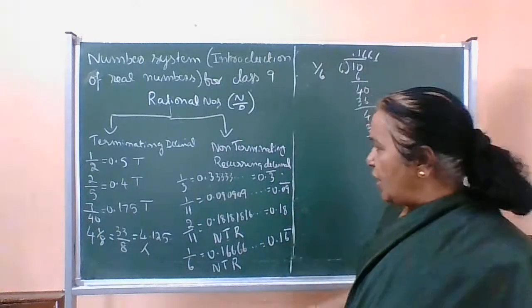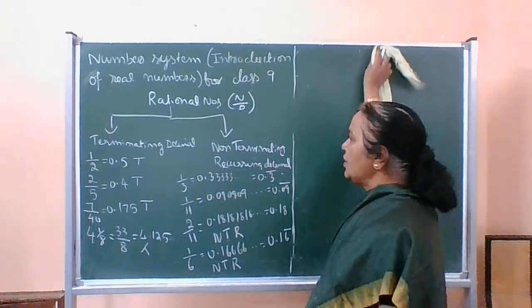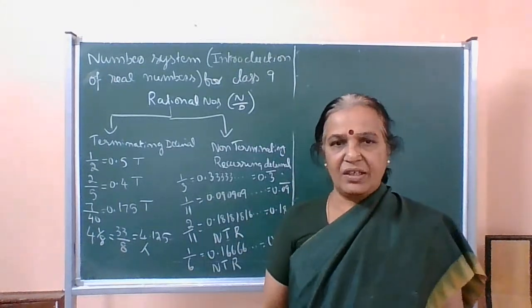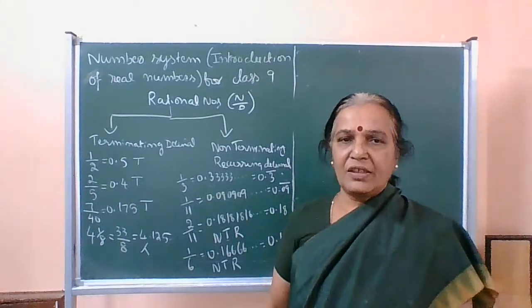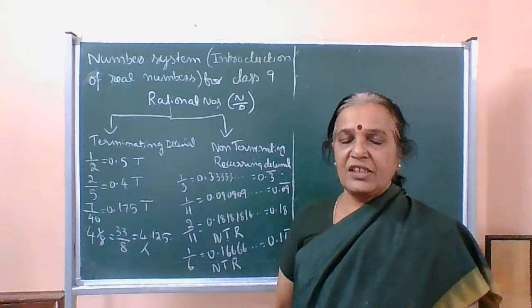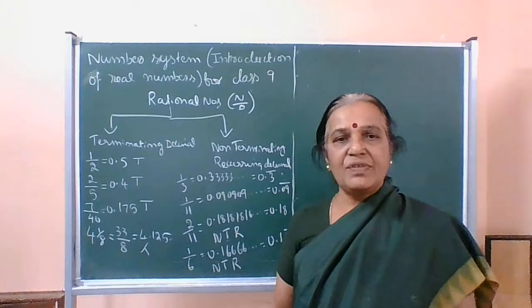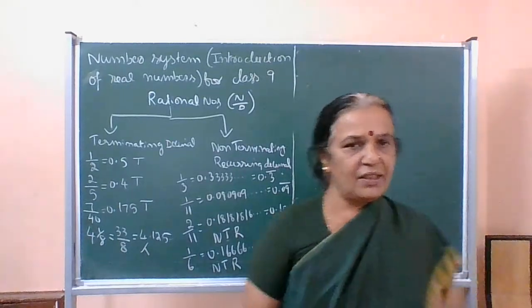There is a rule or a trick where you can write the answer straight away. If the prime factors of the denominator are either 2 or 5 or both, then we say it is a terminating decimal.